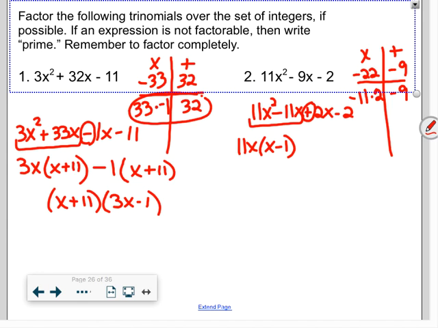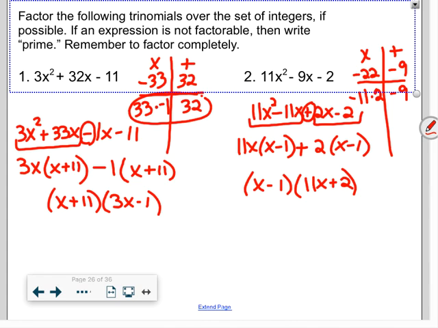Always write down the middle operation sign. The GCF of the last two is a 2. Again, at this point, if your parentheses are not the same, you've made a mistake. So I get x minus 1 times 11x plus 2.